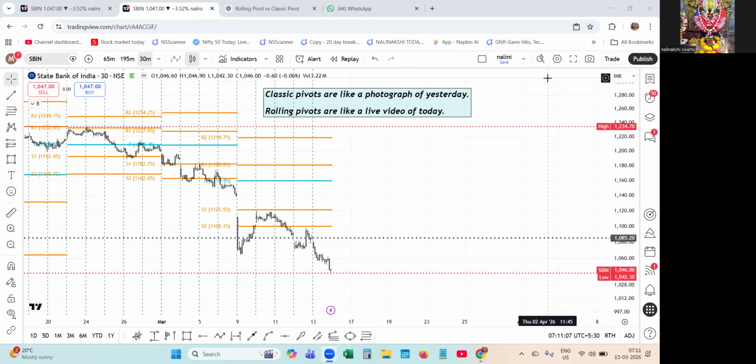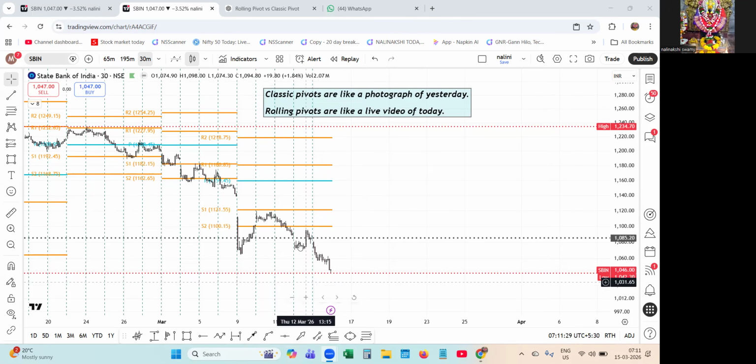Today, I want to explain something very powerful and yet very simple. Many traders use classic pivot points, but very few understand their limitation.